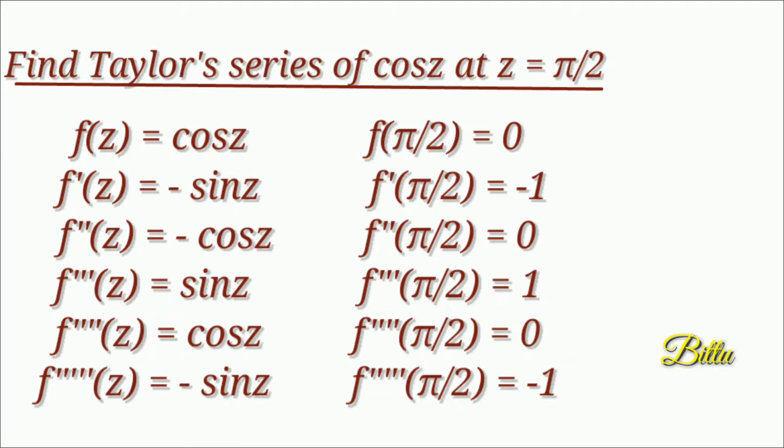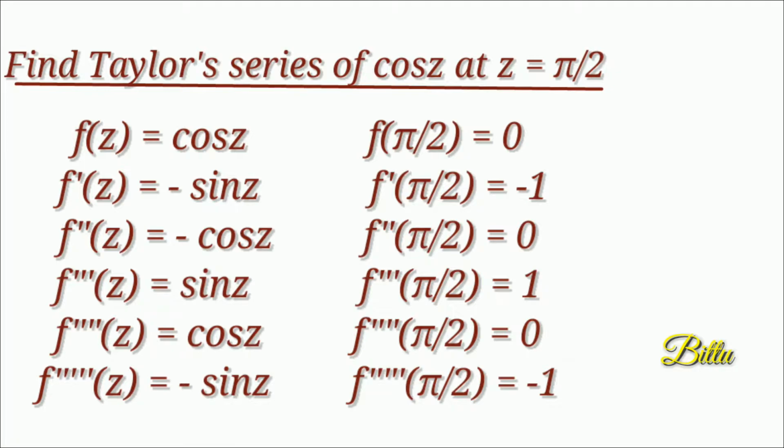For that, you take the successive derivatives of f(z), that is f'(z), f''(z), etc. Here f(z) is cos z, f'(z) is minus sin z, f''(z) is minus cos z. Next you find f of pi by 2. It is 0, f' of pi by 2 is minus 1, f'' of pi by 2 is 0.